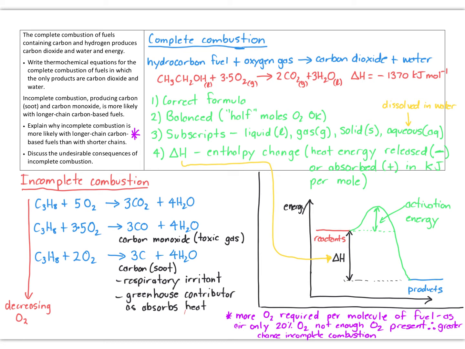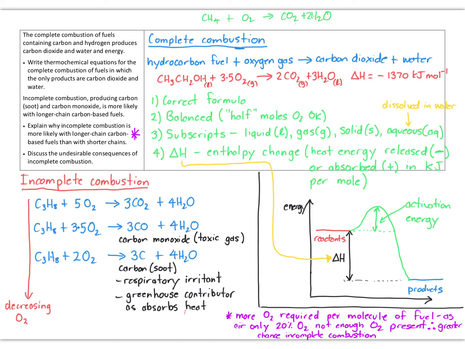So if you're burning methane, for example, let me just quickly do this. If you're burning methane, I'm just going to write this up at the top. CH4 plus O2 goes to CO2 plus H2O because it's complete combustion. We would go here 1 carbon, 4 hydrogen, so we'd need 2 there.